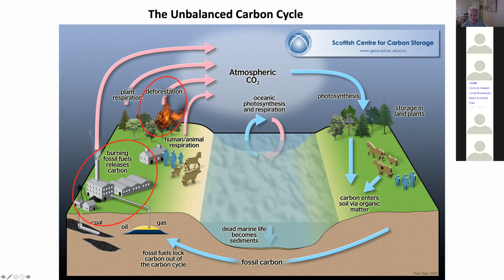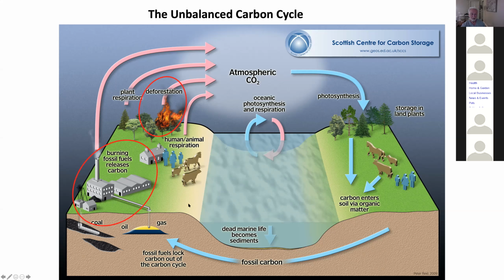Then animals eat the plants, and if you go over to the left, animals respire, and when they do, they release carbon dioxide, and you see that plants also respire and they release carbon dioxide. Now, without humans, that cycle is balanced. So the carbon dioxide in the atmosphere is fixed, and then it's released, and it just continues this cycle.